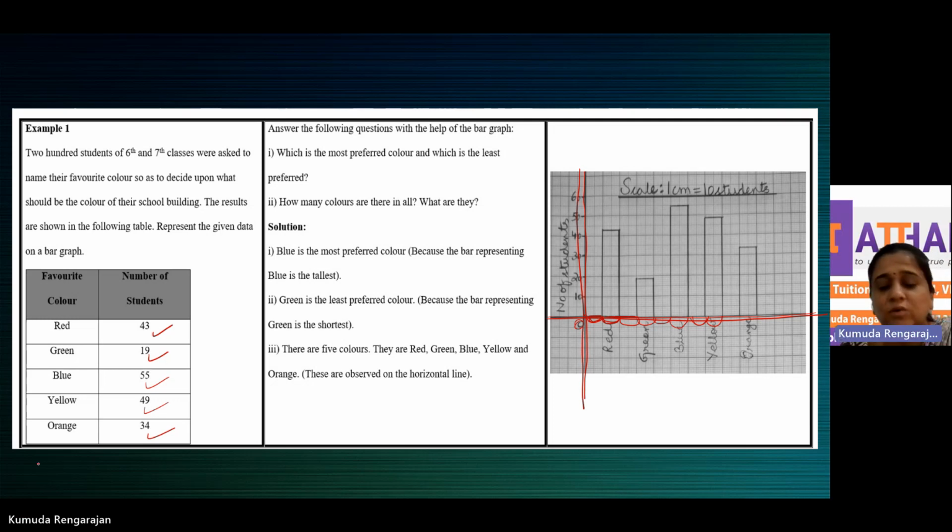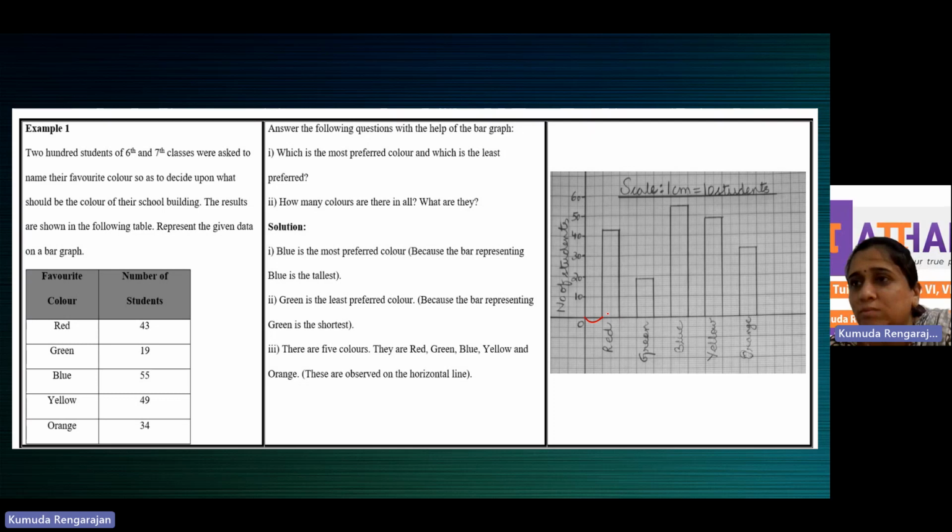Supposing you take the spacing as half a centimeter. Spacing is the space between two bars. So here I've taken half a centimeter. But the thickness of your rectangle can even be 1 centimeter. All the rectangles must have the same thickness. Their heights will be different.